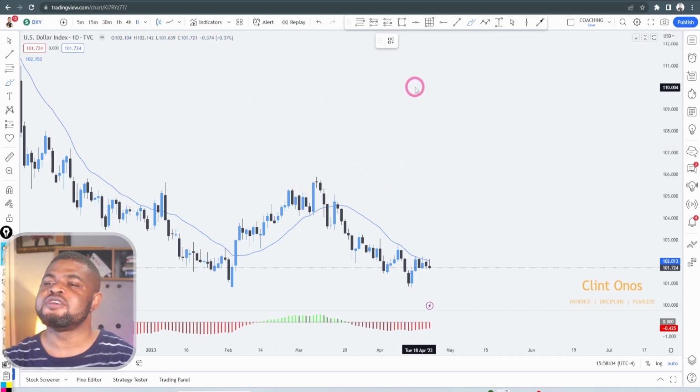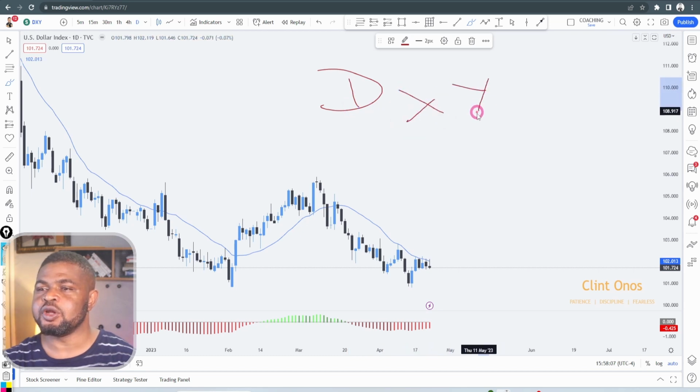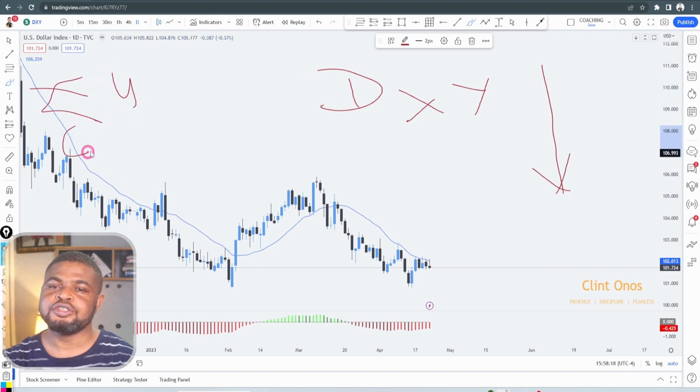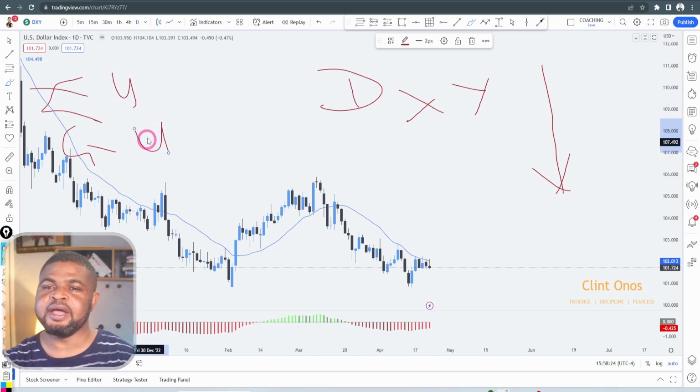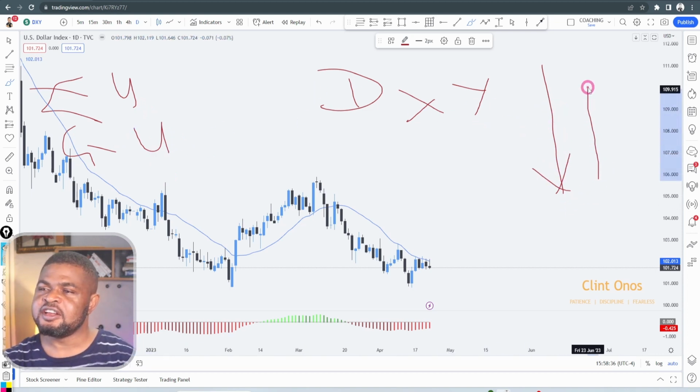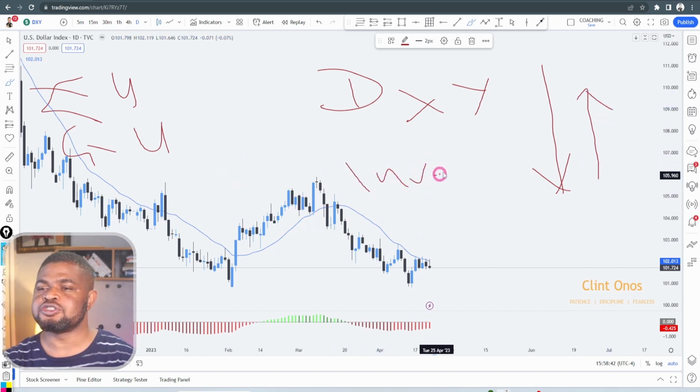So if the DXY, the dollar index, is going down, then the pairs like the EU, the GU, where the US dollar is the paired currency, because the euro here is the base currency, there's the base currency and the paired currency. If the DXY is going down, then these pairs should be going up because they have an inverse relationship.